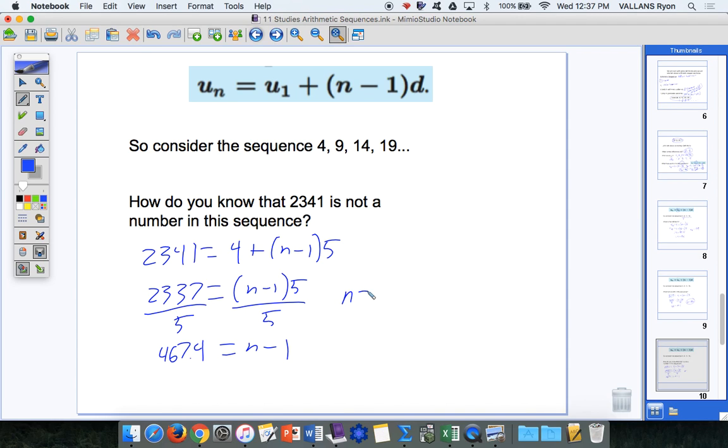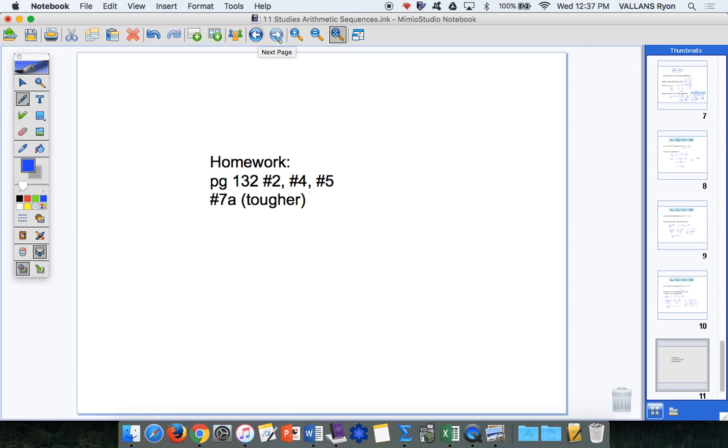Add 1, I get n equals 467.4 plus 1, or 468.4. Why do I know that n doesn't work? Or why do I know 2,341 doesn't work? Okay, that's it. Go ahead and try a few of these problems. Number 7a is a little bit tougher and I haven't talked about it, but please try it anyway.